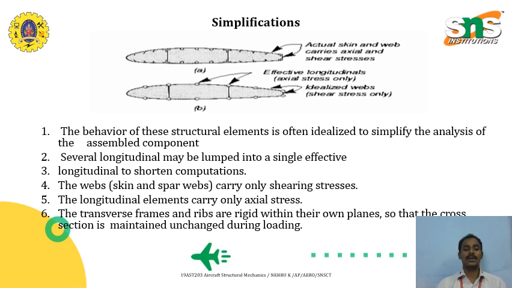The webs carry only shearing stress, and the longitudinal members carry only axial stress. The transverse frames and ribs are rigid within their own plane, so the cross section is maintained unchanged during the loading. So here, in the simplification from the axial stress to the idealized structure, the webs will carry the shear load and the longitudinal members carry the axial load.